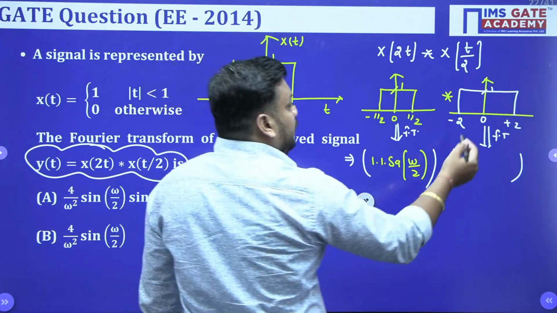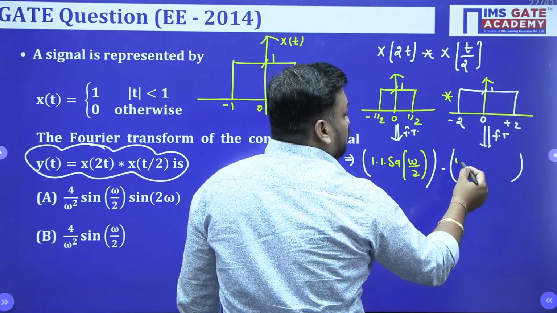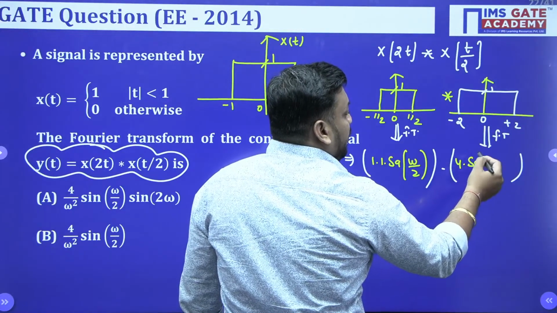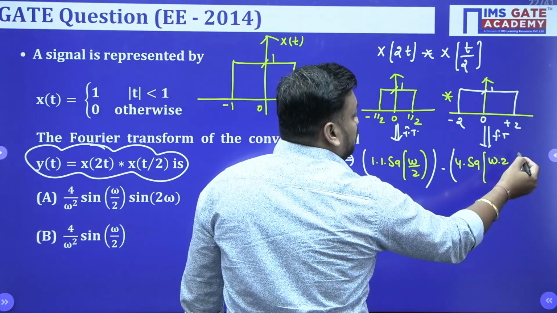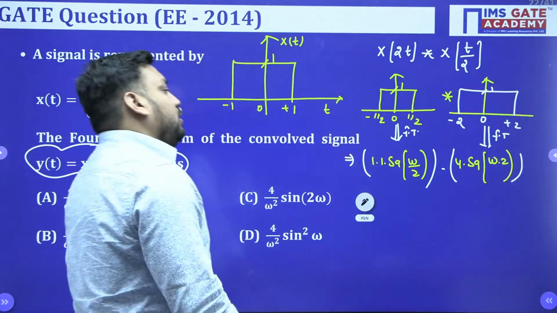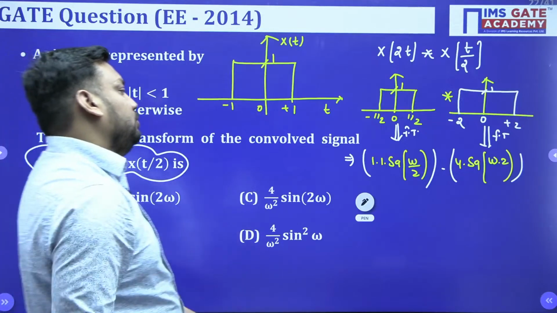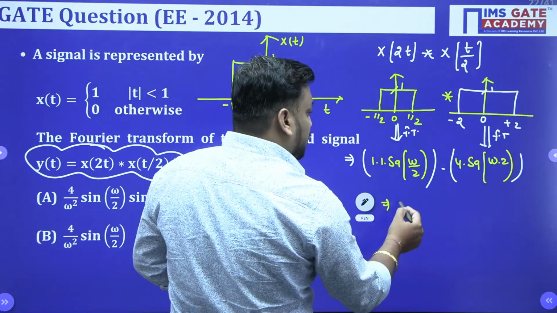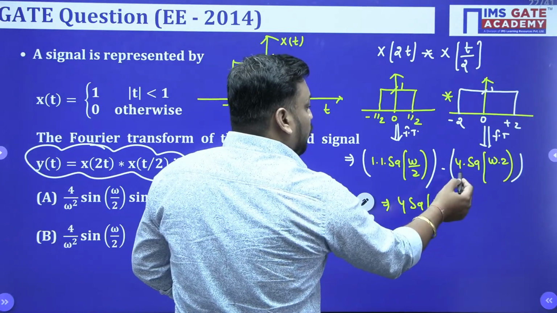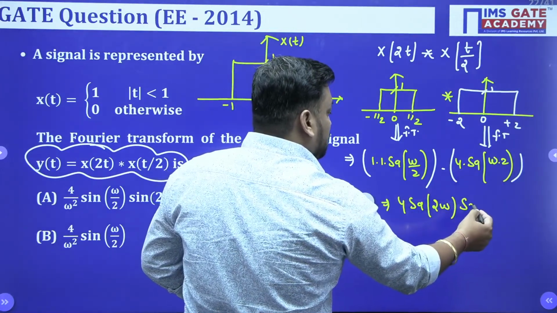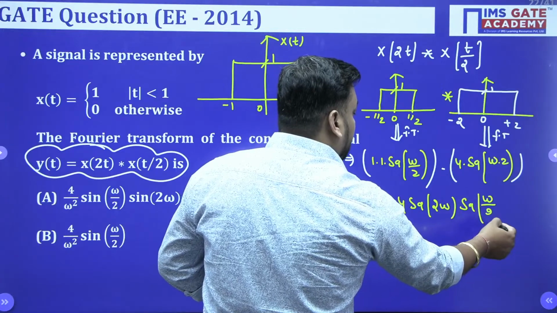Similarly, for -2 to +2, it will be 4 into A tau sampling of omega tau by 2. What is tau by 2? Tau by 2 is nothing but 2 only. Is this clear to you? So your final answer is 4 into sampling of 2 omega into sampling of omega by 2.